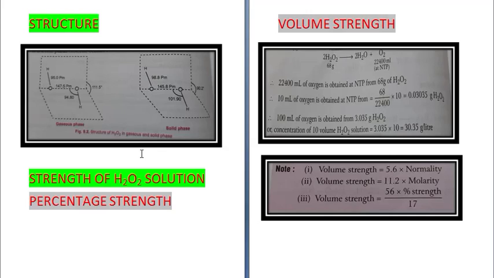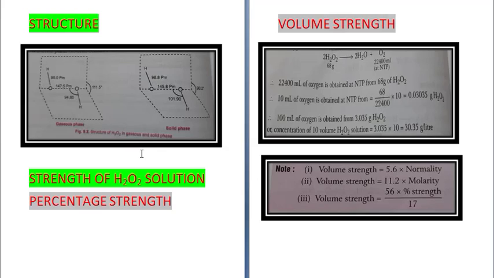Next is volume strength. Volume strength is the volume of oxygen at NTP that one volume of sample of hydrogen peroxide gives on heating. Like for example, 10 volumes means that one volume of the sample of hydrogen peroxide gives 10 volumes of oxygen at NTP. So how much oxygen it is giving at NTP, that is that much volume it is.